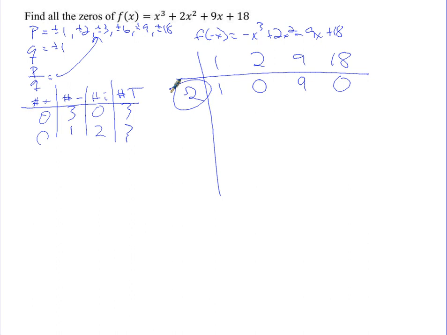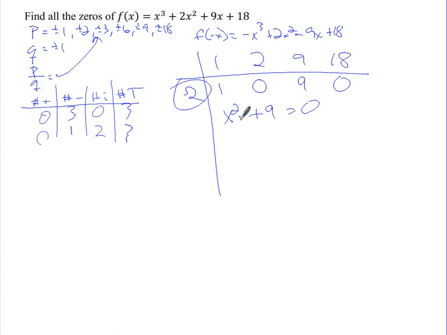Now, does that mean that I can't find the other two negative ones? It does not mean that. I could continue if I wanted to. Do I want to? No, because I'm down to a second degree polynomial. So my polynomial now is x squared plus 9 equals 0. You could factor this right now, or you can see that you only have two terms, only one x term.